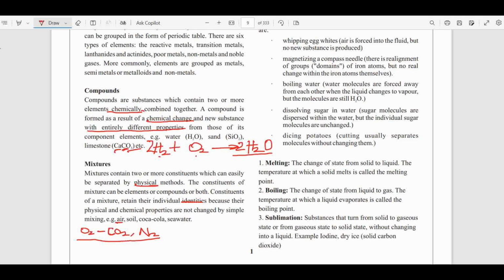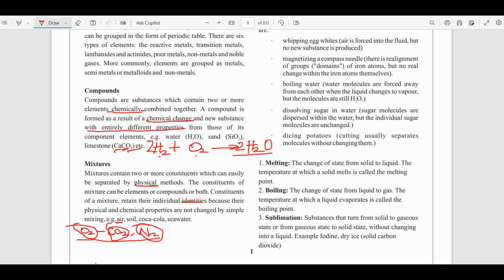You can actually test for oxygen in the mixture of air. You can test for CO2. Nitrogen also still retains its individual identity.